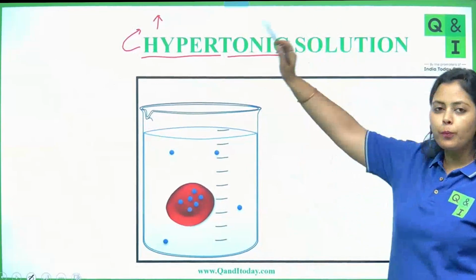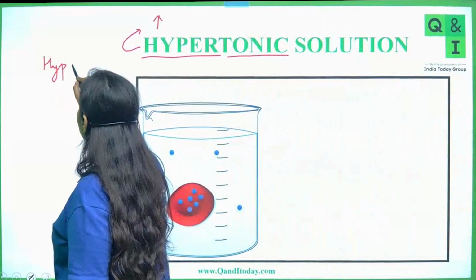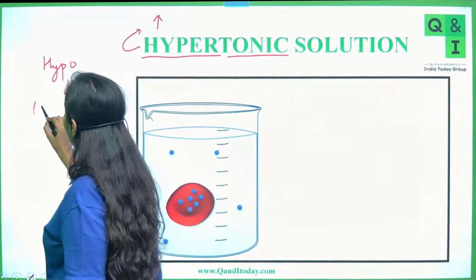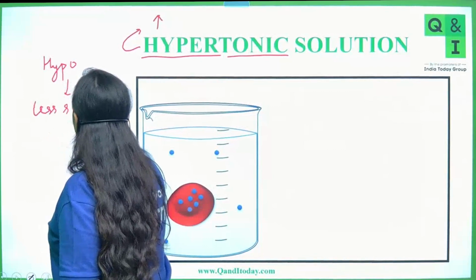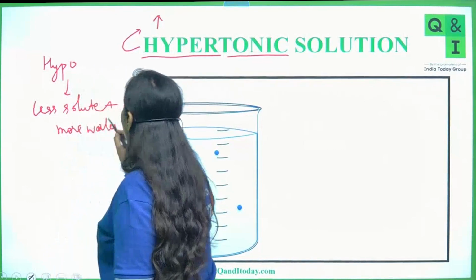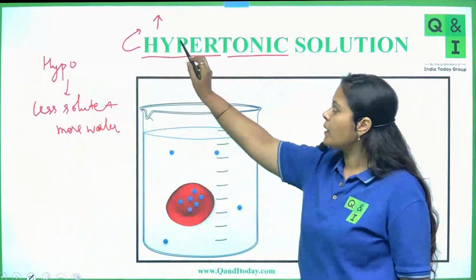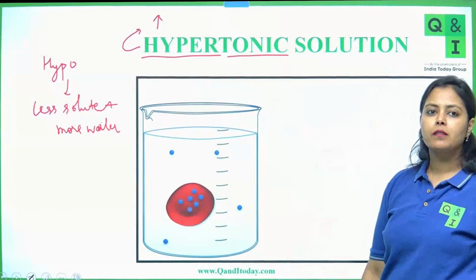Just like I told you previously that hypotonic means less solute plus more water, similarly you have to tell me this. Write it in a similar manner. What would hypertonic mean? Write it like this.